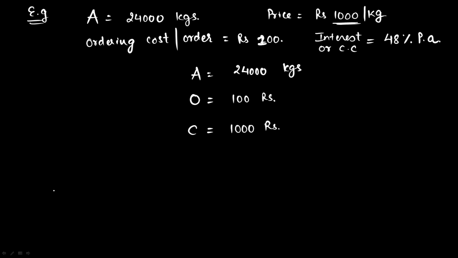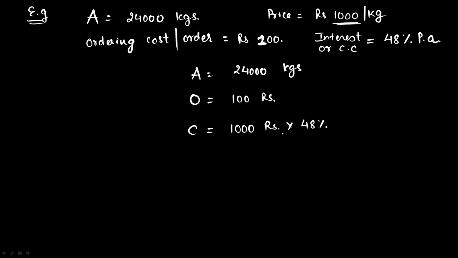If you are not having money and you want to carry this 1 kg of raw material for 1 year, how much amount will you have to borrow? 1000. So what will be your interest cost on this borrowing? 48% per annum. Alright.